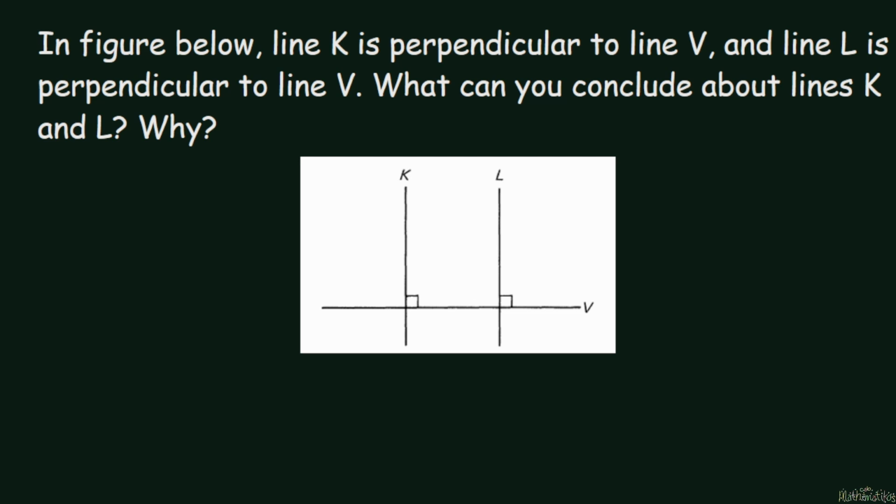So we are given that line K is perpendicular to V, and line L is perpendicular to V. So here's the sign of a perpendicularity.